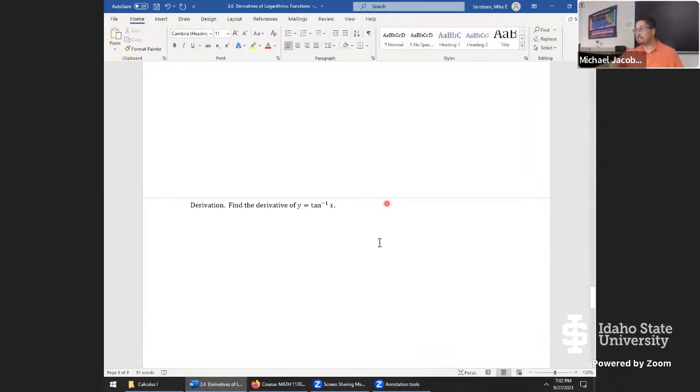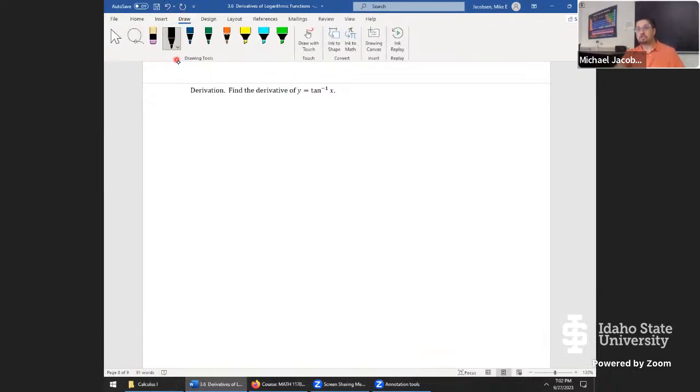So that's our objective here. And really all this is an application of implicit differentiation. It's good to know that there's some value to that stuff because that's a strange technique on its own. First thing we do, I'll write down the equation first to start out: y equals tangent inverse x. Then the first thing we must do is take tangent of both sides.